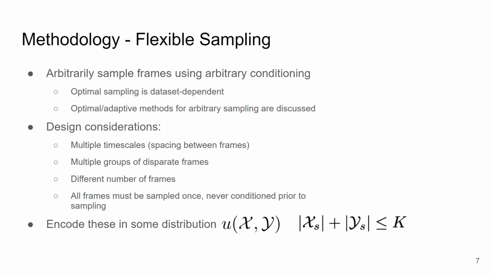That's just way too many frames to generate in a single step, and it won't be able to capture all the information in a specific video. So K can be limited to 10 or 20, which basically means in a single diffusion step, the combination of the number of frames you're sampling and the number of frames you're conditioning on shouldn't be over this number, so 10 or 15. So it motivates some smaller steps of diffusion, and you'll see an example of this later.